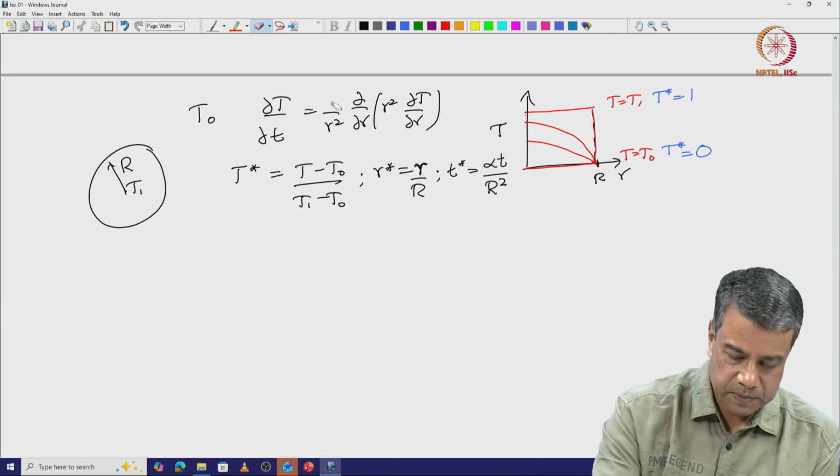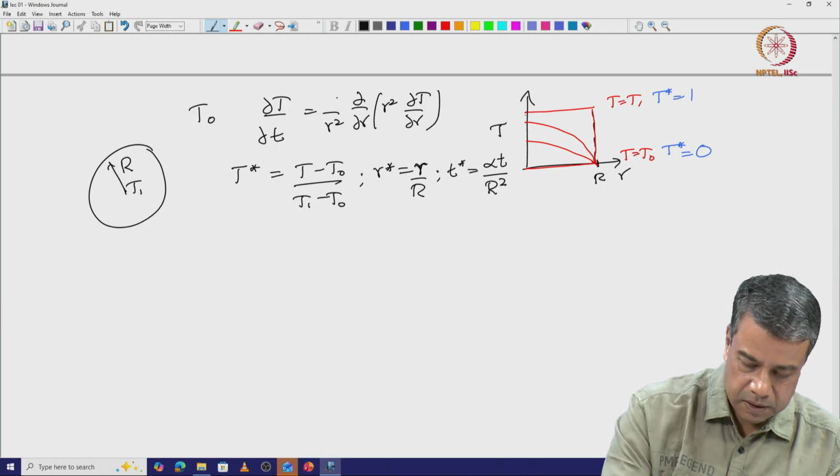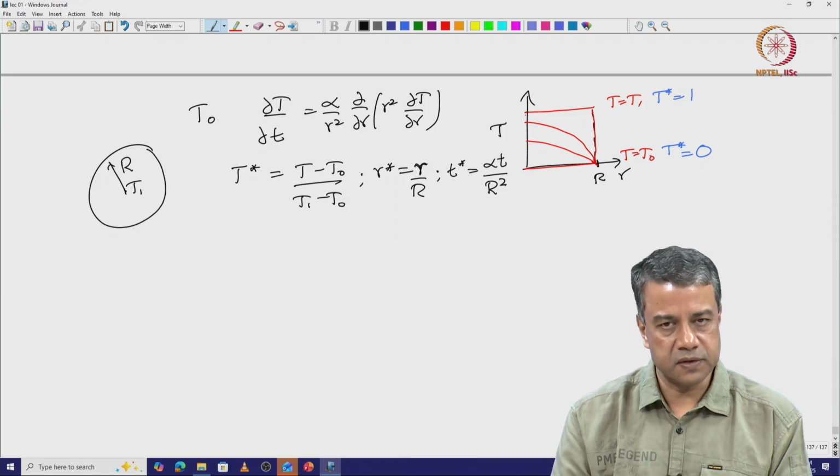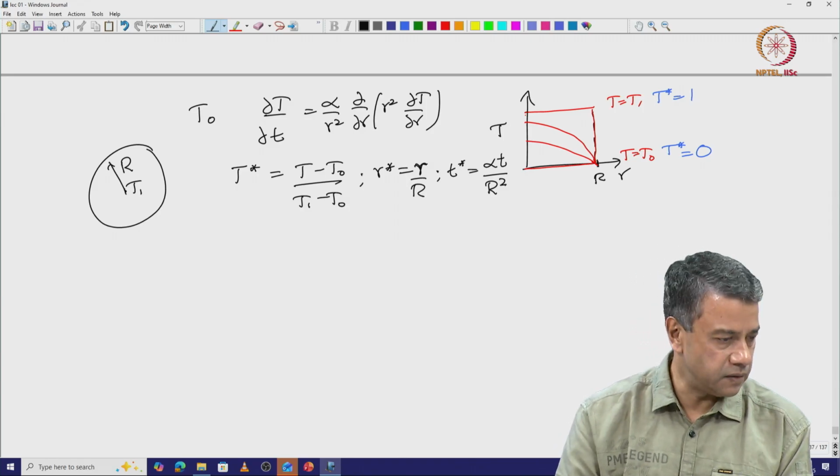My apologies, there is a mistake here. There should be a thermal diffusivity in the equation multiplying the diffusion term.